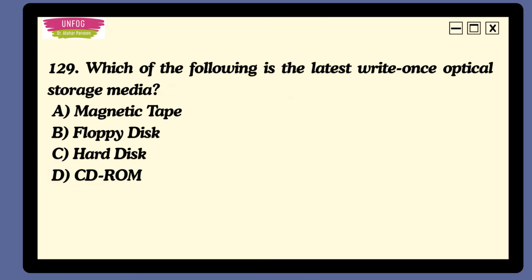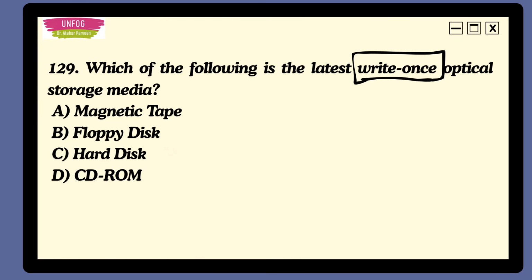Next question. Which of the following is the latest write-once optical storage media? What does it say? Write once. This is our keyword. Because if you see options, magnetic tape, floppy disk, hard disk, CD-ROM, you can instantly say what is the answer.